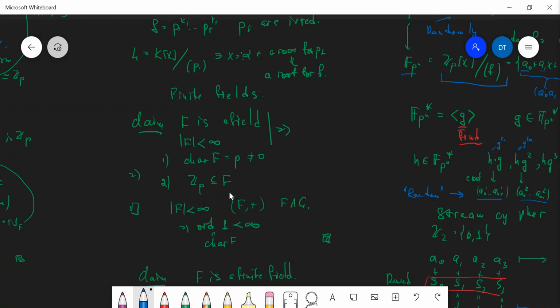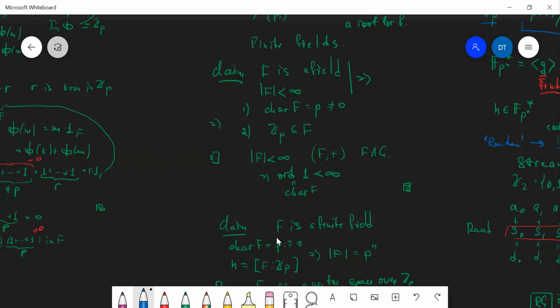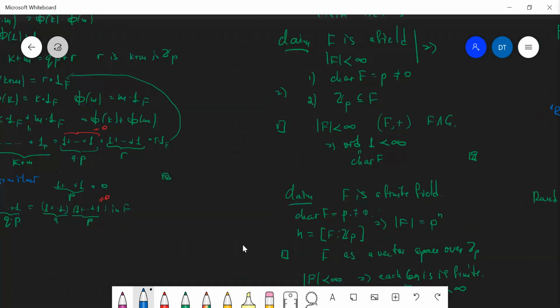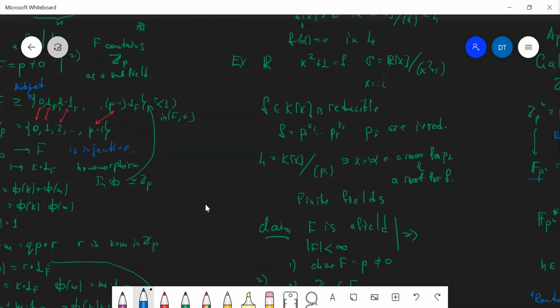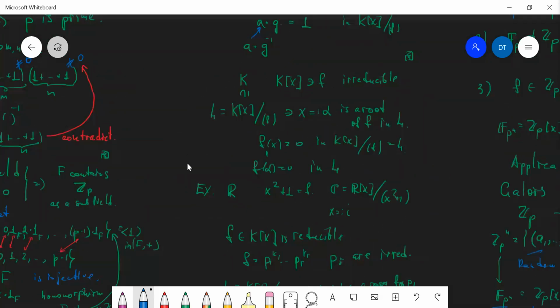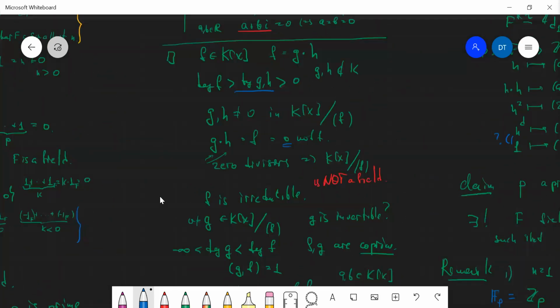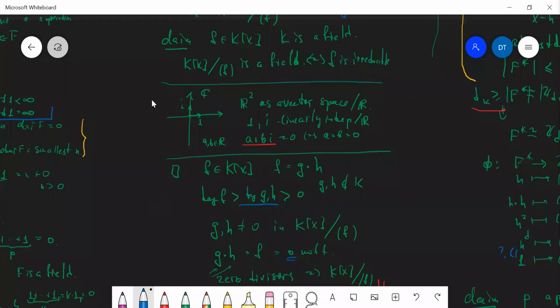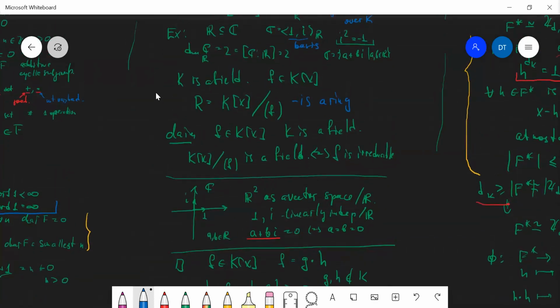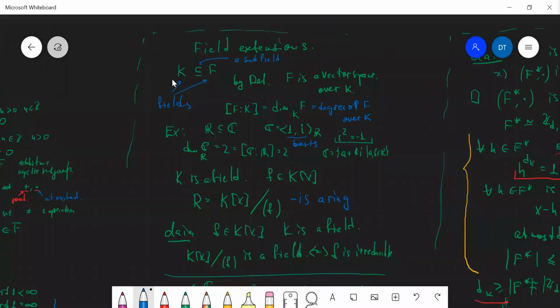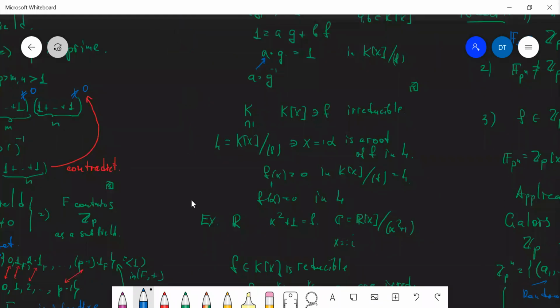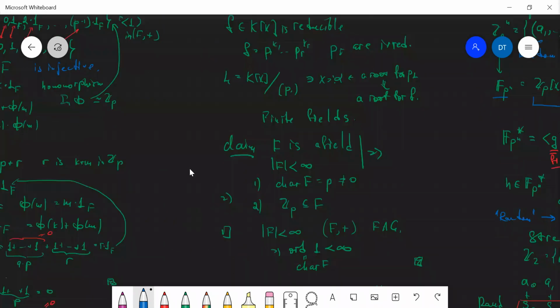For the second part, we have already shown that if the characteristic is prime, then Z_p is inside F. That was somewhere before, I don't remember where. And F with plus is an abelian group by definition.